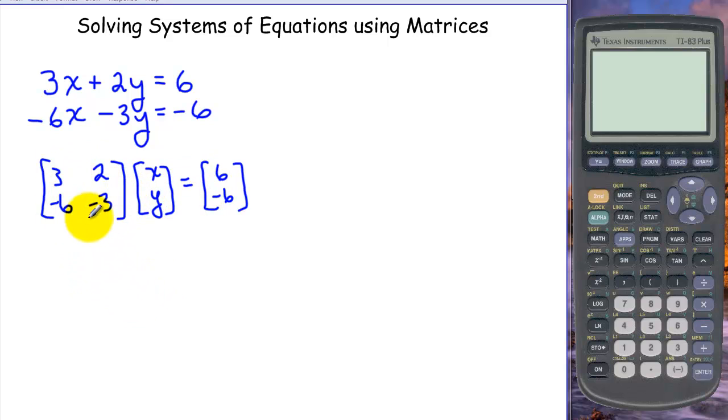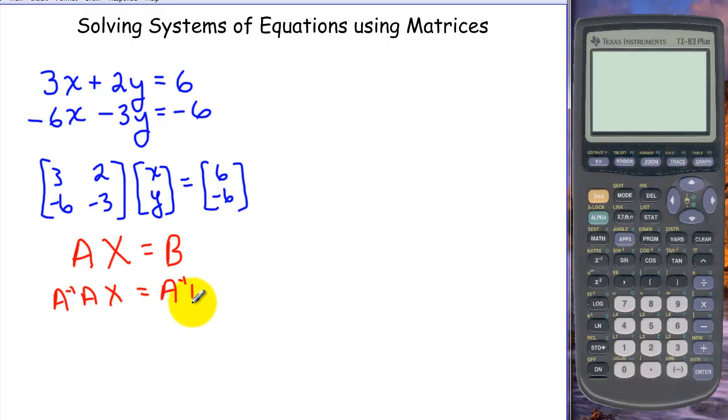This is our coefficient matrix, let's call that matrix A. And this is our variable matrix, we'll call it matrix X. And our right side values of the matrix, we'll call that matrix B. And if you remember from our video on solving matrix equations using inverse matrices, we want to get rid of this A here, so I would need to multiply by A inverse, the inverse matrix of A. So I have to do the same thing to the other side of the equation, and remember, matrix multiplication is not commutative, so I have to put the A inverse in the same relative position as I did over here, so on the left.